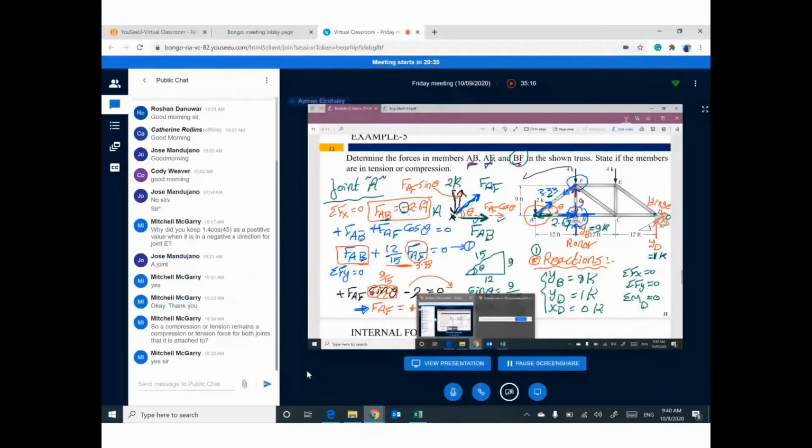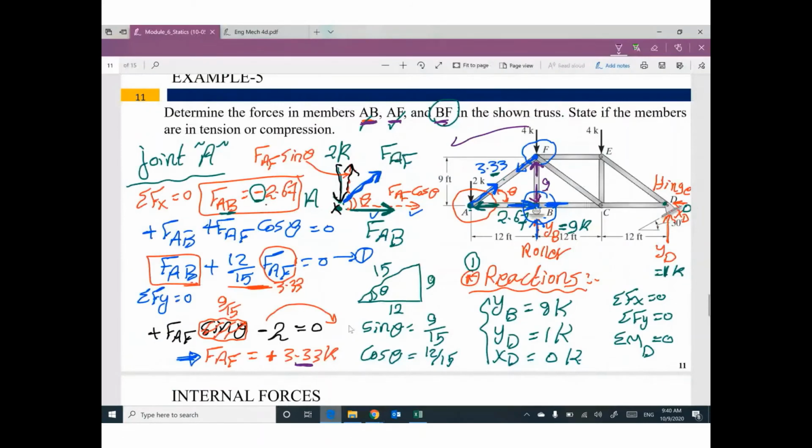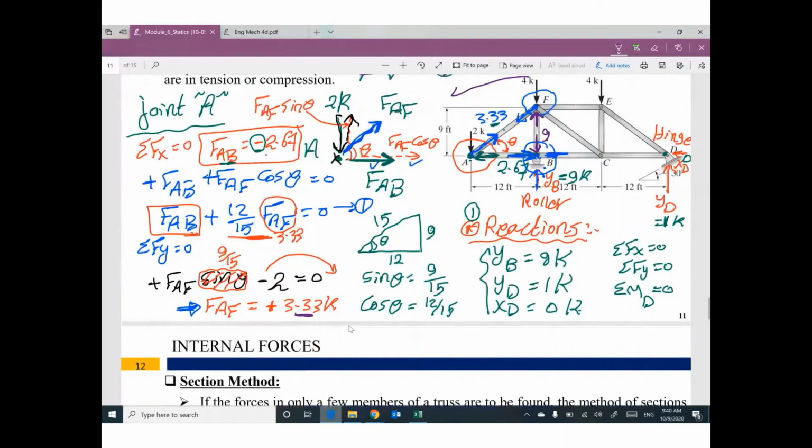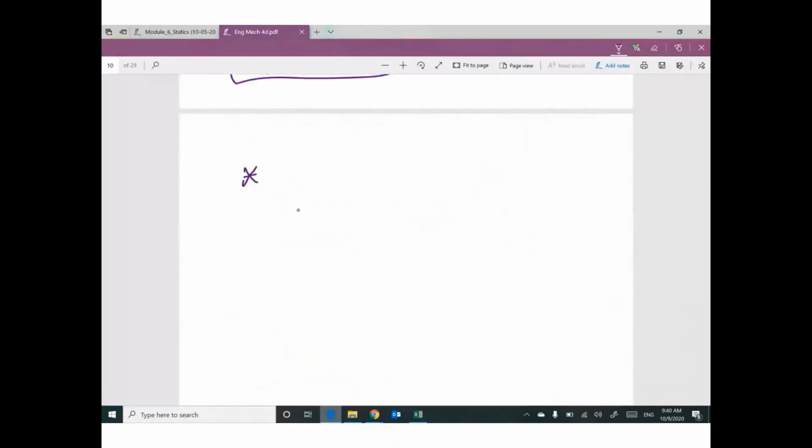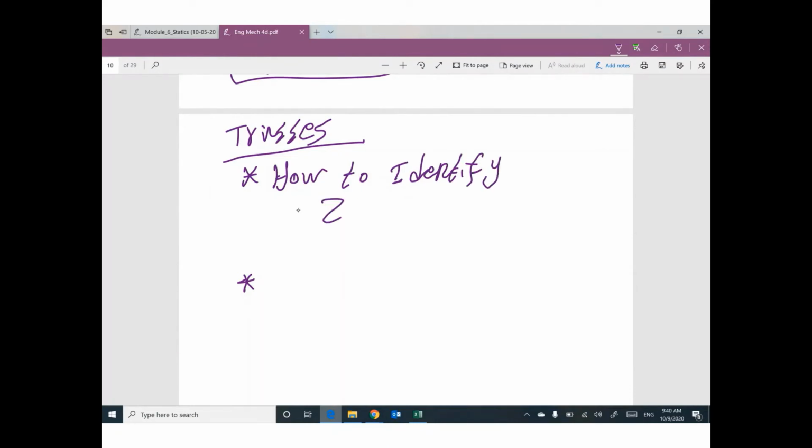Any question? So until this moment, we covered 2 parts in this topic for trusses. The first one, how to identify zero force members.